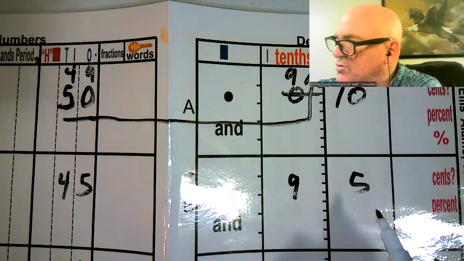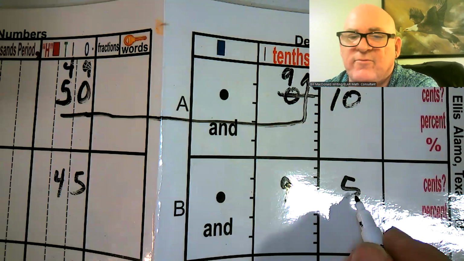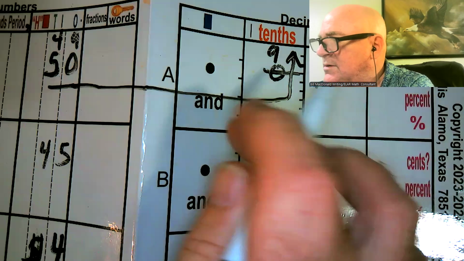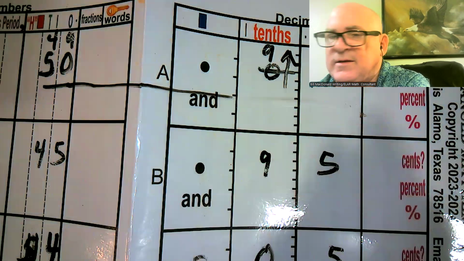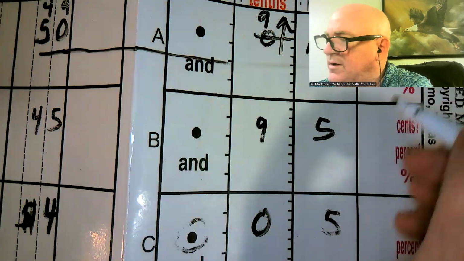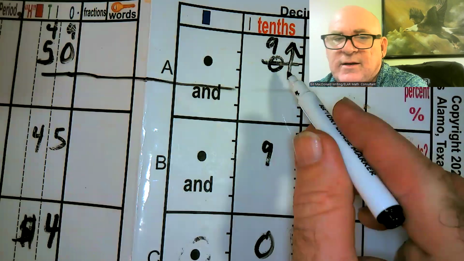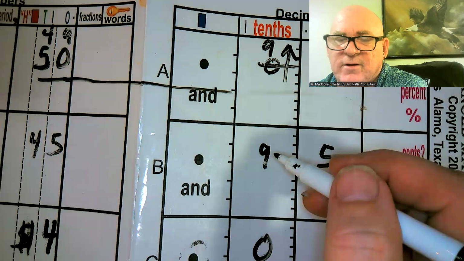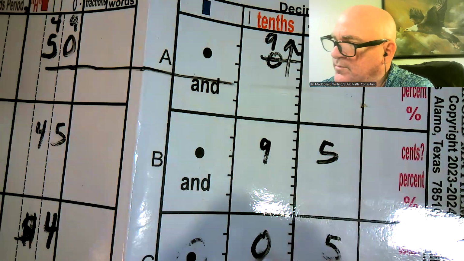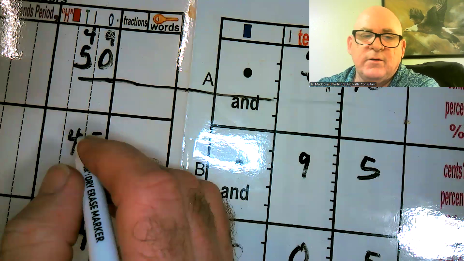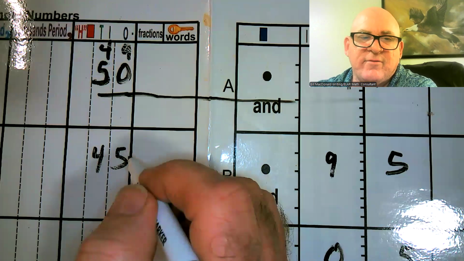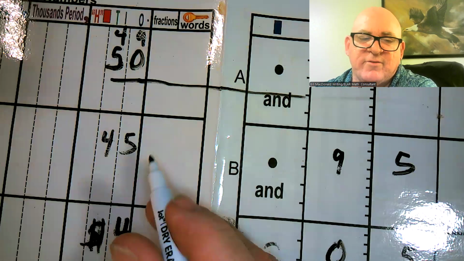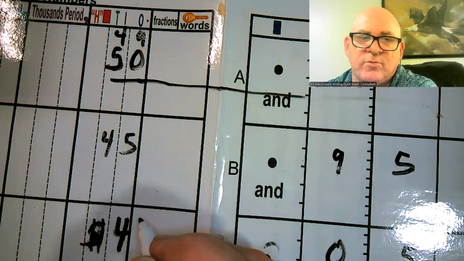So then you can subtract 5 from 10 and get 5, or 10 minus 5 equals 5. 9 minus 9 equals 0, or subtract 9 from 9, you would get 0. And you would subtract 5 from 9 and get 4, or 9 minus 5 equals 4. I suggest you do it both ways.